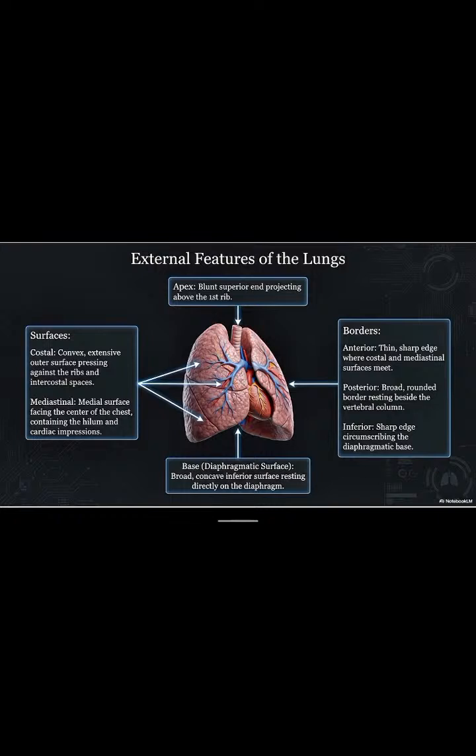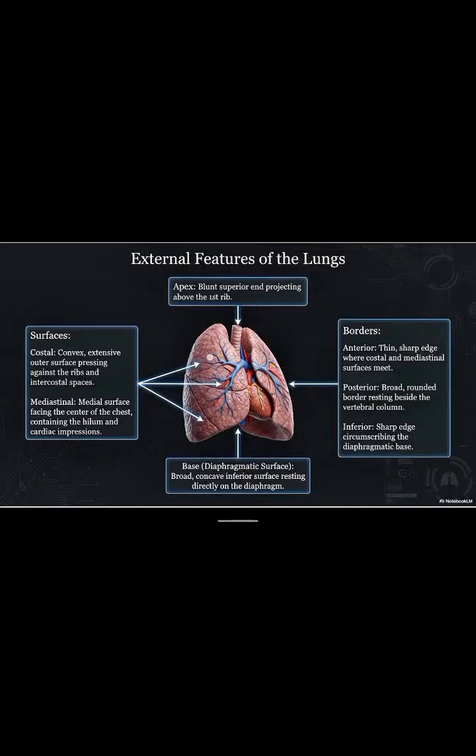As I said, we have 3 surfaces. We have the costal surface, the mediastinal surface, and the base, or the diaphragmatic surface. The costal surface is convex, an extensive outer surface pressing against the ribs and the intercostal spaces. Just have it in mind that the costal surface is the surface facing the sternum and the ribs.